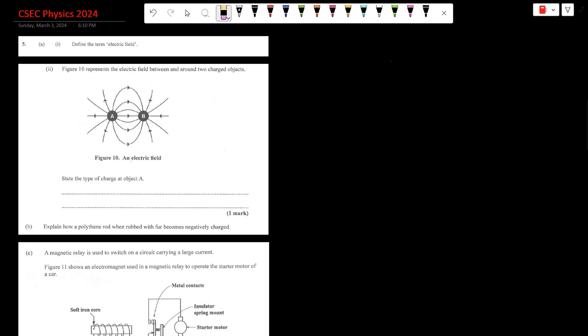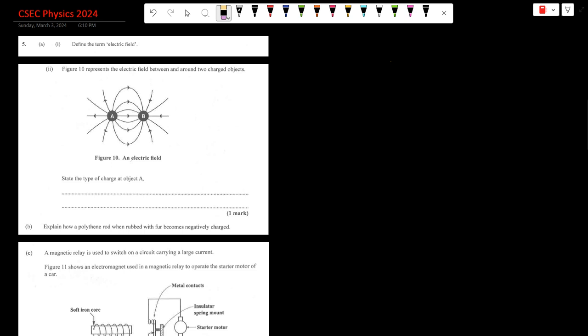The next part of the question deals with a magnetic relay. It says a magnetic relay is used to switch on a circuit carrying a large current. Figure 11 shows an electromagnet used in a magnetic relay to operate the starter motor of a car.